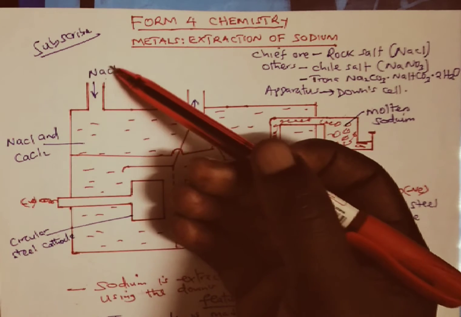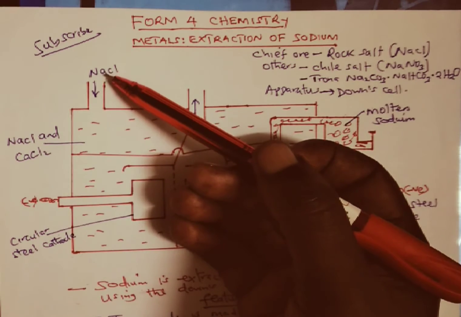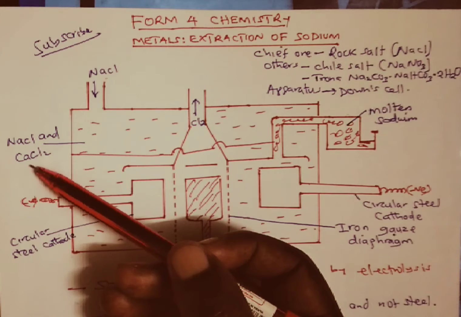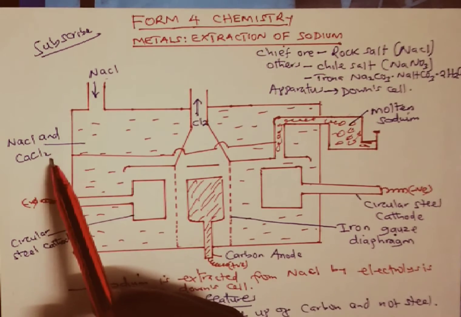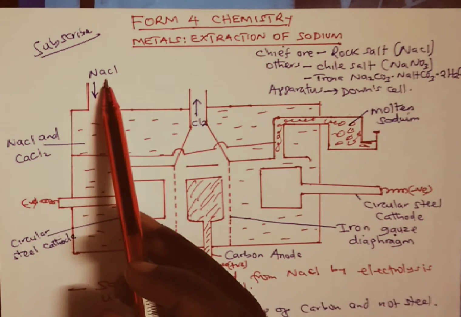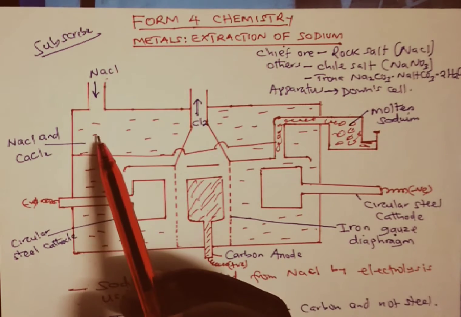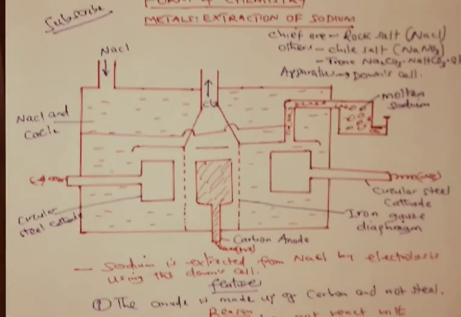So to reduce the melting point of sodium chloride, we add an impurity known as calcium chloride, and the calcium chloride reduces the melting point of sodium chloride from around 800 degrees to 600 degrees Celsius, so as to reduce or minimize the cost of electricity.